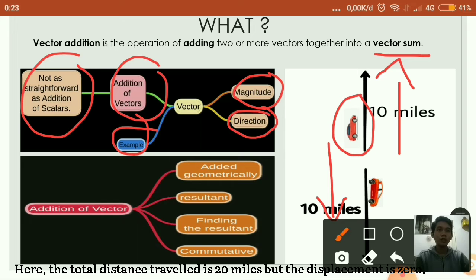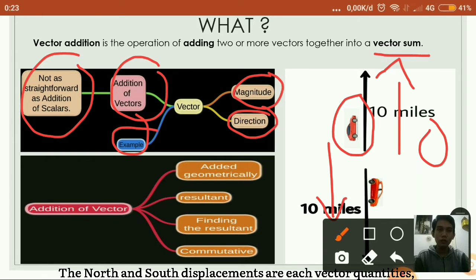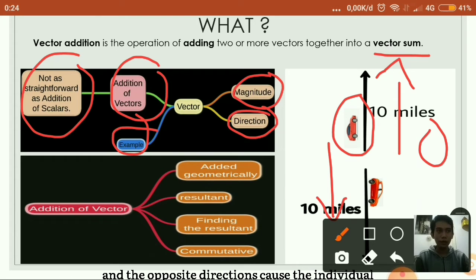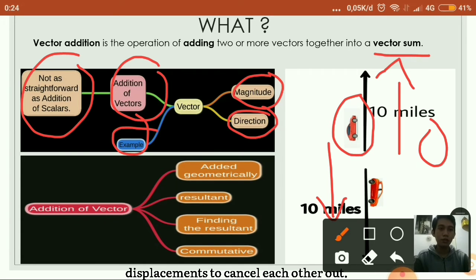Here, the total distance traveled is 20 miles, but the displacement is 0. The north and south displacements are each vector quantities, and the opposite directions cause the individual displacements to cancel each other out.